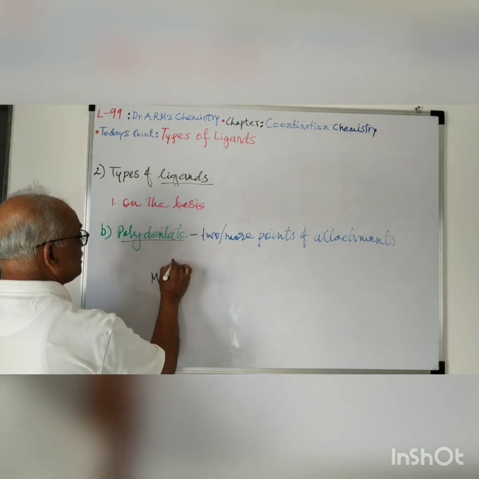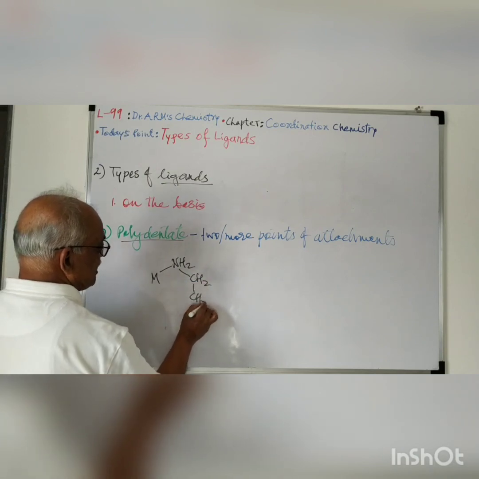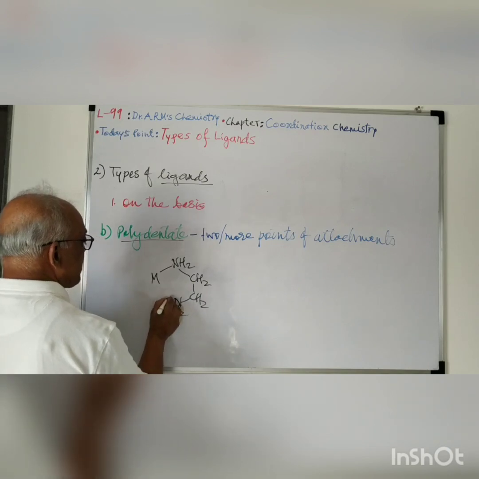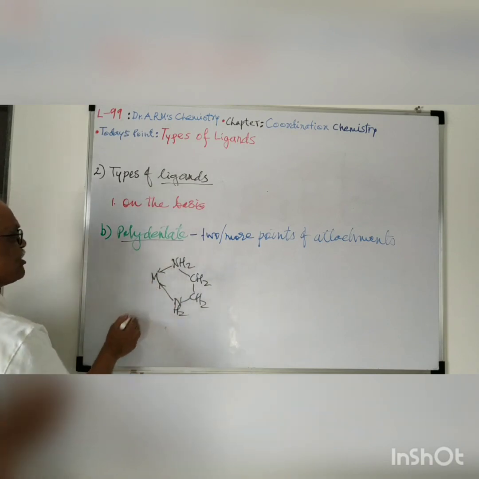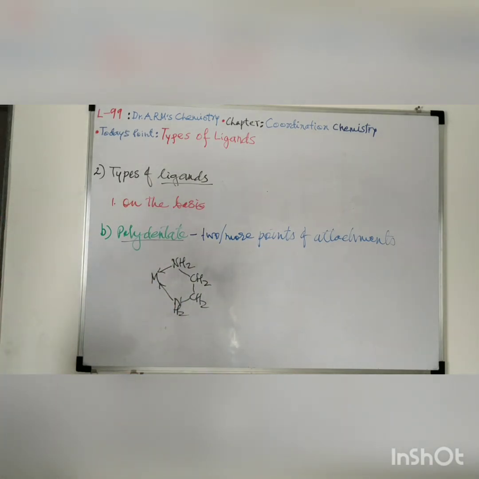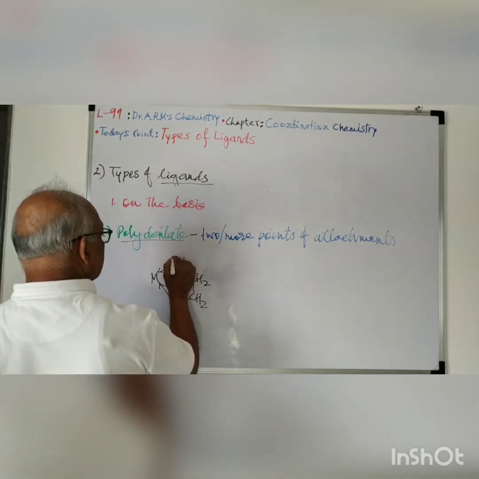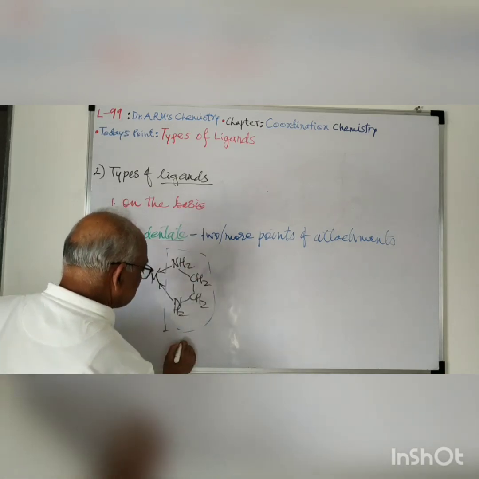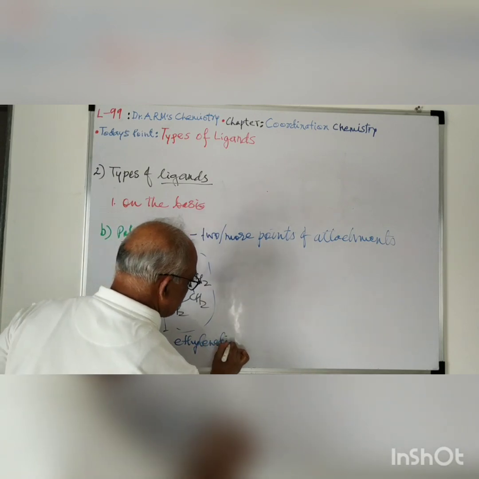Now if we see an example like this, that is NH2, CH2, CH2, then NH2, then this can form a covalent bond like this with the metal ion. So here the example is ethylene diamine.